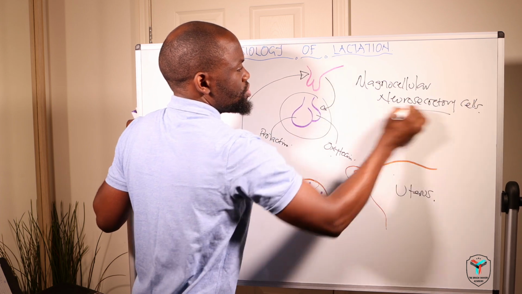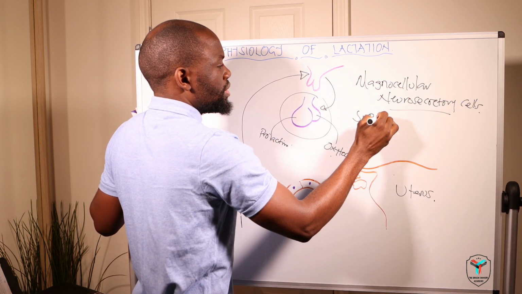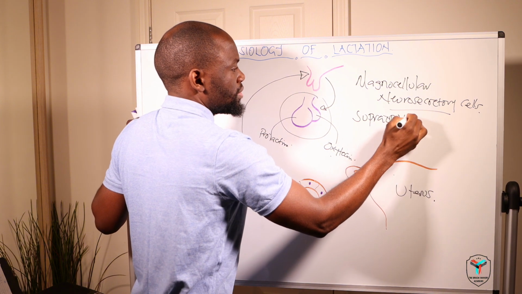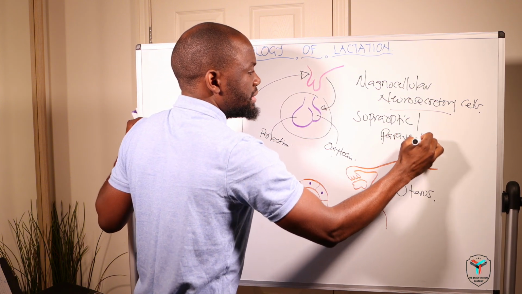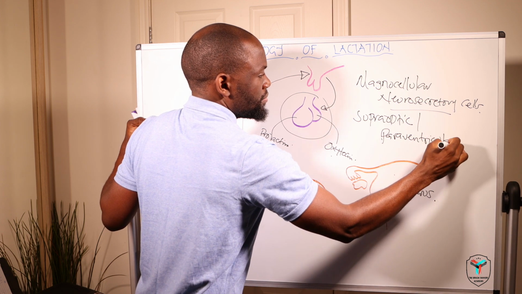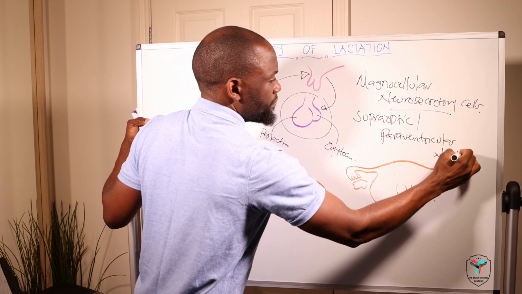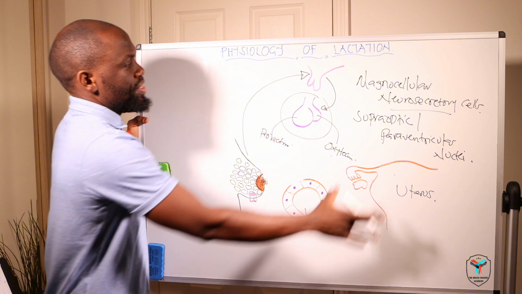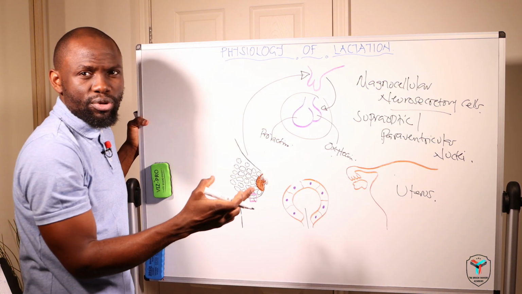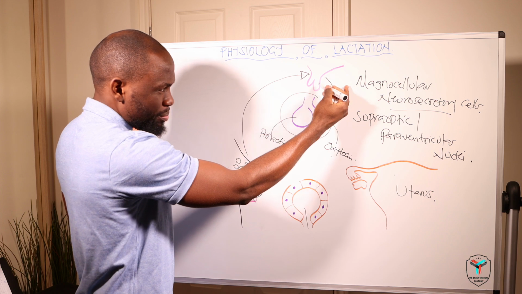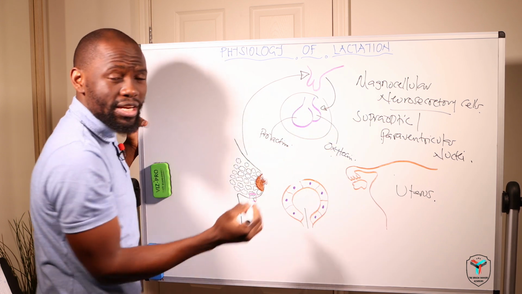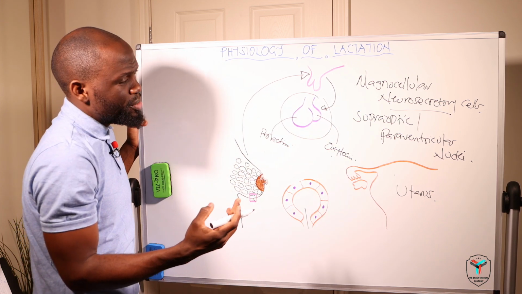Okay, and these ones you find around the supraoptic and paraventricular nuclei. Okay, so that is where the oxytocin is being produced, because it is a neuropeptide, and then it travels by way of neural pathways to be stored in the posterior aspect of the pituitary gland.